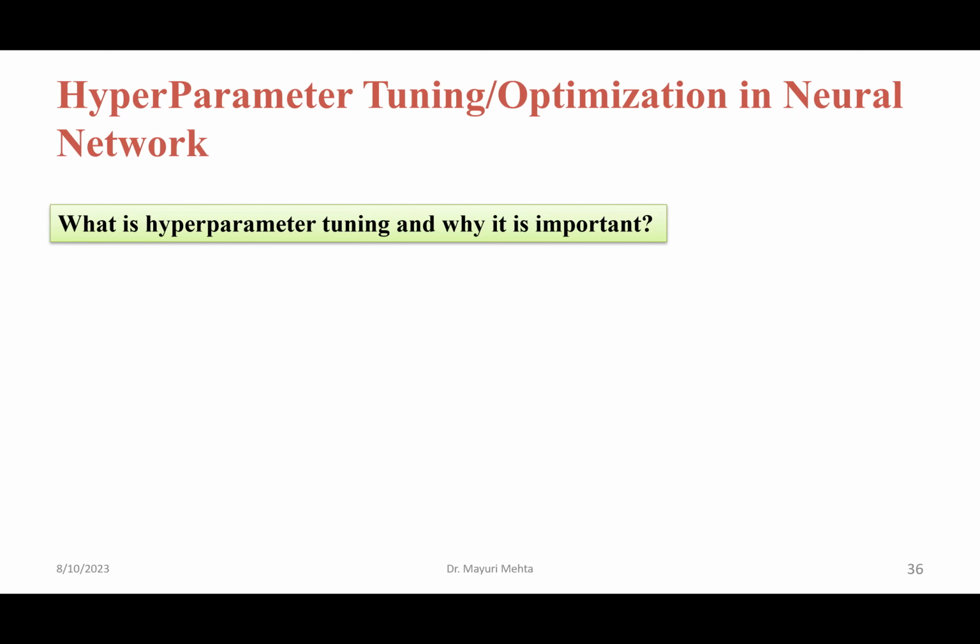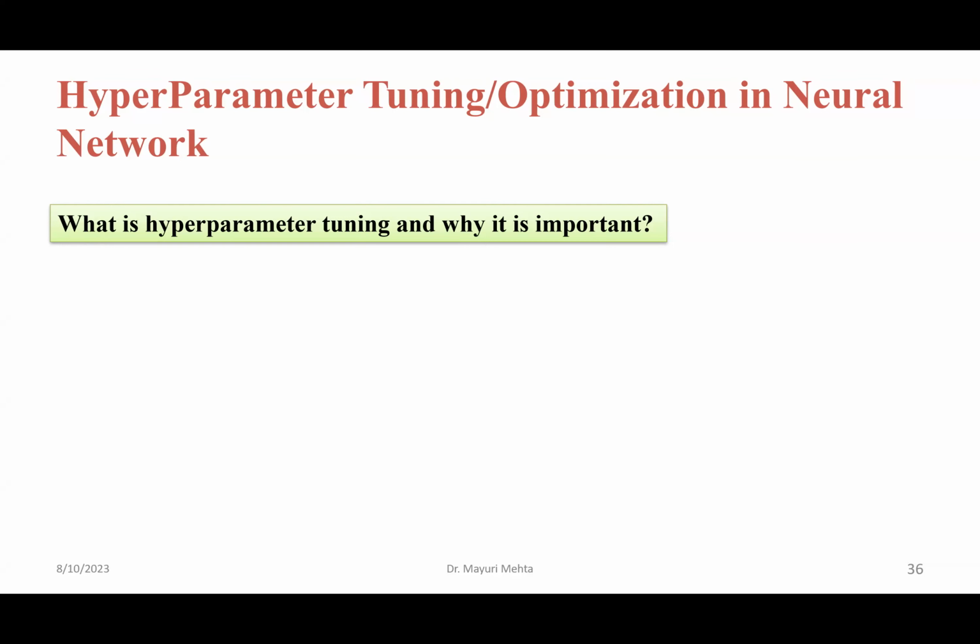So optimal values for these parameters to obtain the best results should be found. Optimal, I'm saying optimal. Finding the most optimal combination is called hyperparameter tuning, because there are multiple parameters and we want to find the optimal combination for all of them.